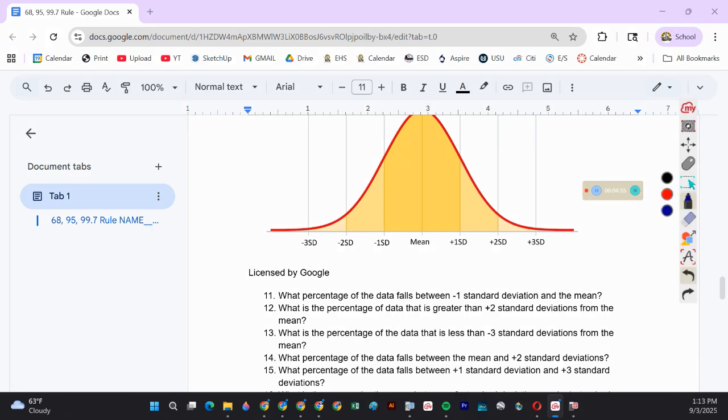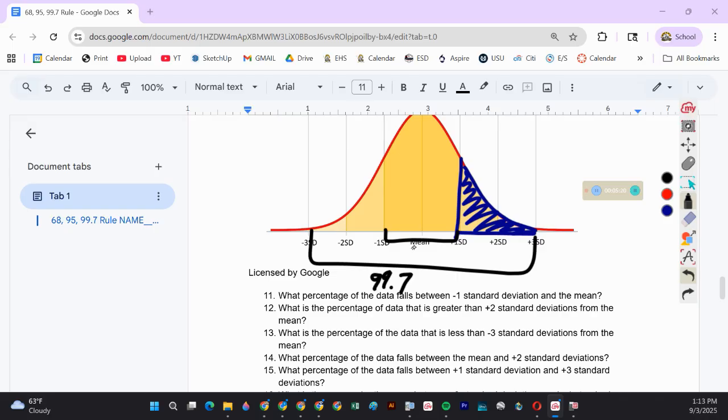Between 1 and 3. So this chunk here, how are we going to do that? There are lots of ways to do it. So this is 99.7, right? And this is 68. Okay, so we want to, I got the hiccups, it's not good.